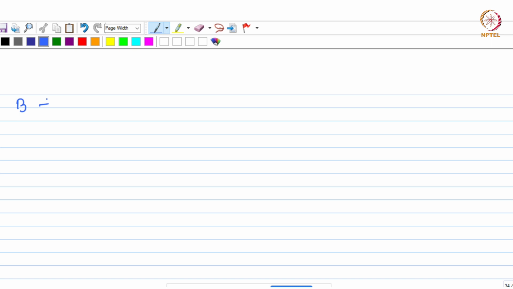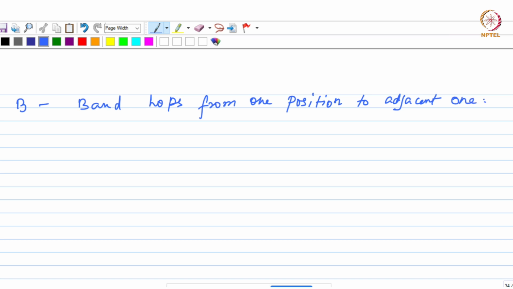B type serrations will come when the band hops from one position to another. From one position to adjacent one.